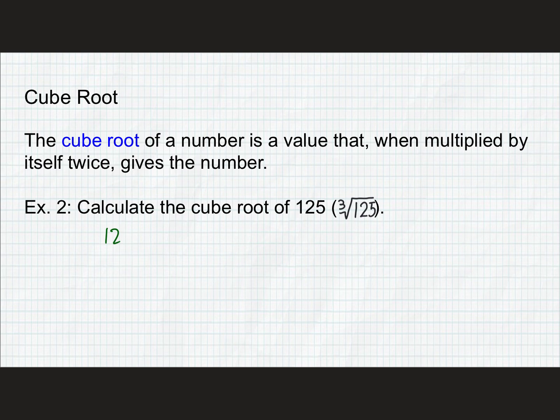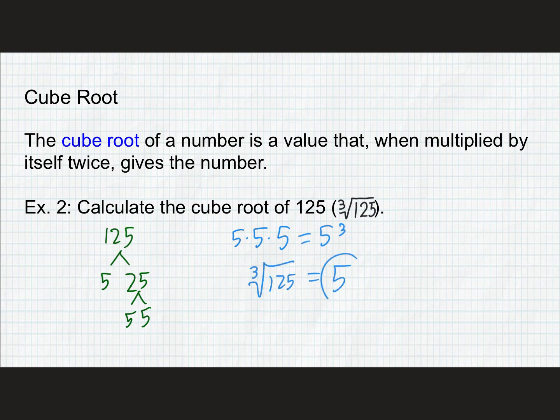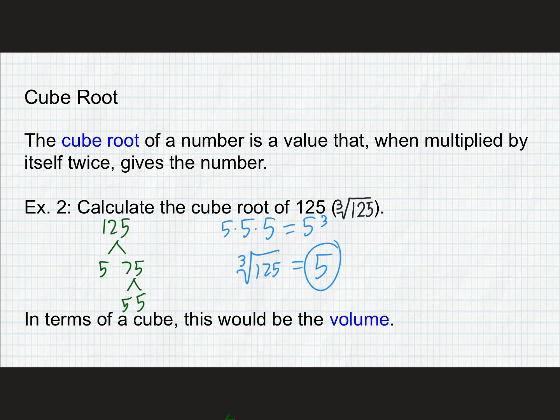Just like when we found the square root, we are going to factor to get the cube root. And 125 is 5 times 5 times 5. Another way of writing this is 5 to the third power. So the cube root of 125 is 5.